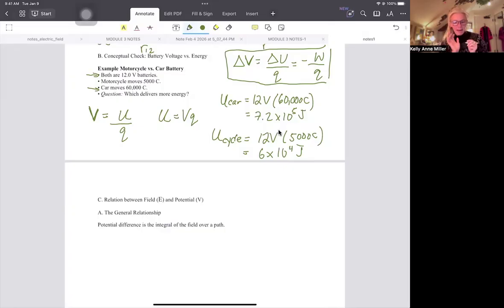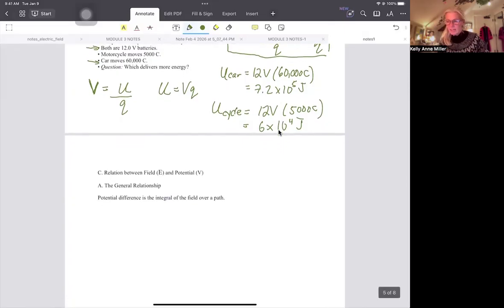But the mathematical relationship between the electric field and the electric potential is that the potential difference, the potential is often referred to as potential difference, is just the integral of the electric field over a path within that field.